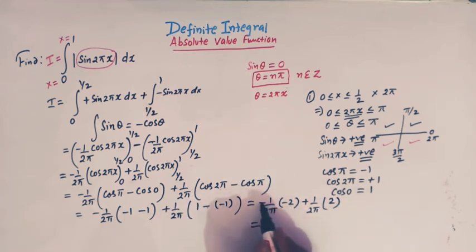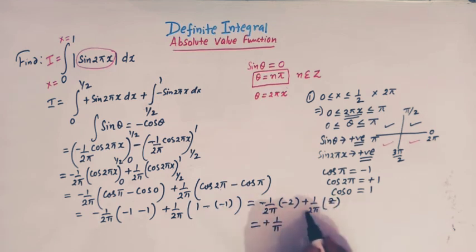Minus and minus, when we multiply these two, we get plus, and 2 and 2 get cancelled, so we have 1 over pi. Here also 2 and 2 get cancelled, and we have 1 over pi.